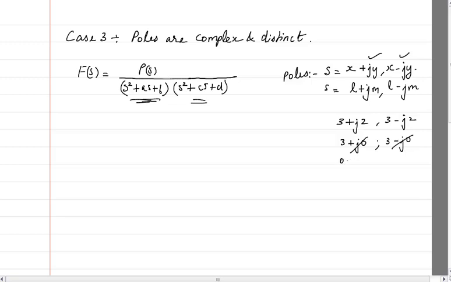That means you may have 0 plus J5 and 0 minus J5, which is actually written as J5 and minus J5. So all in all, we will say that it is going to be complex. Generally, the real values won't be there, but complex and pure imaginary values would come. And we have to look at it case by case.